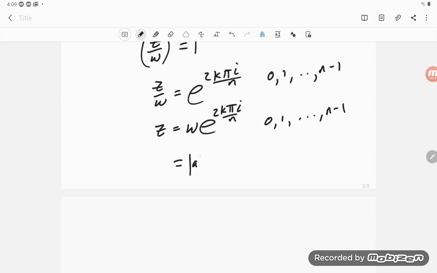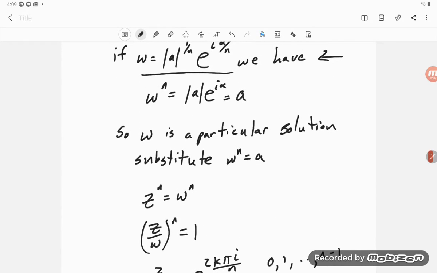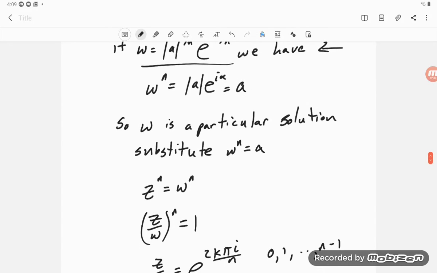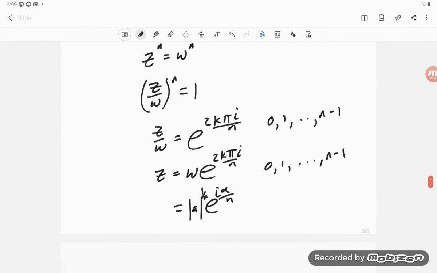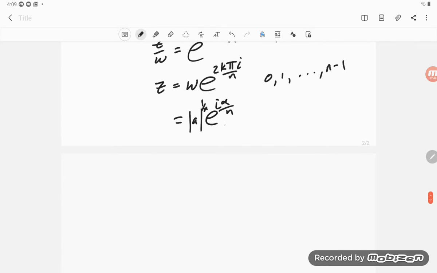So this is the absolute value of a to the 1 over n, actually, and this is e to the iα over n. Is that right? w^n is that. Yeah, iα over n. And then times e to the 2kπi over n.